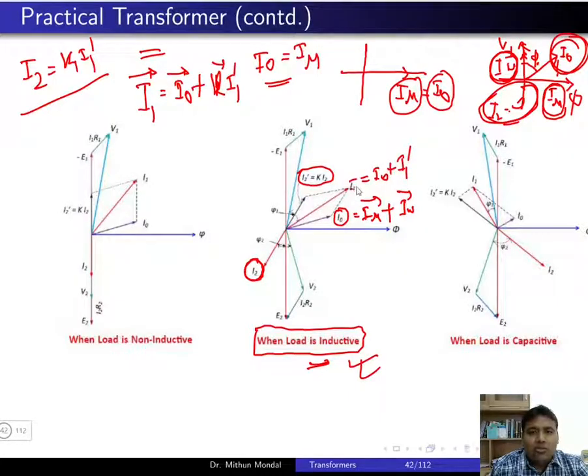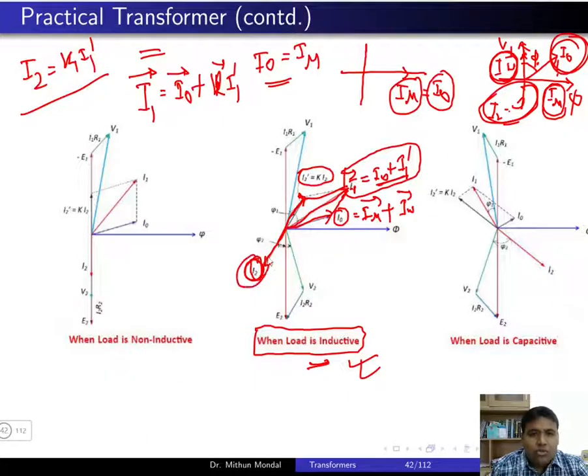So I1, the total current, is the vector sum of the current I naught plus the counterbalance of this current. So I2 is in this direction, so the I2 counterbalance you get in the opposite direction, K into I2. So this net equivalent you get in this direction, which is I1. So the total current drawn by the primary circuit due to the loaded condition is I0 plus I1 dash.